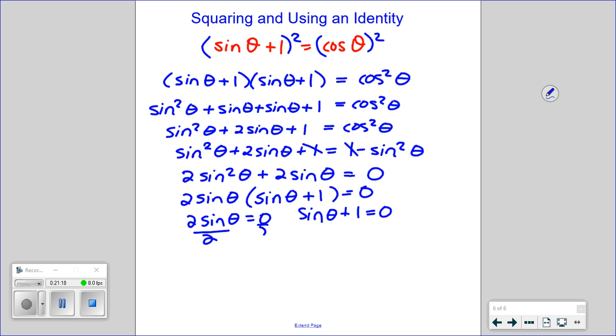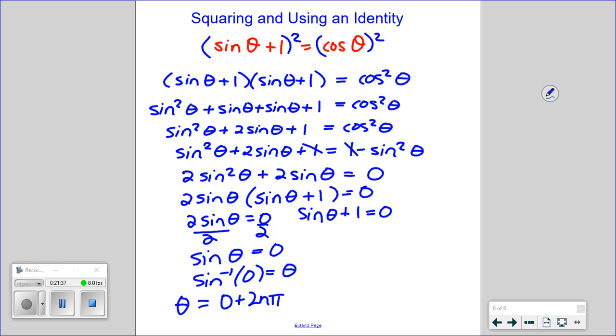Here we're going to divide by 2. We're going to get sine theta equals 0. We're going to use our inverse to solve for theta. Where is sine equal to 0? Well, sine is 0 at 0 plus 2n pi, which you could just write as 2n pi.